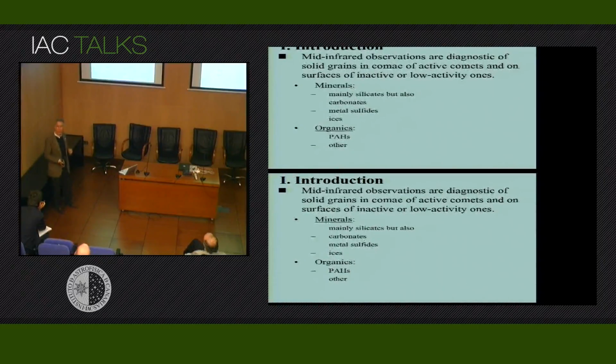But these observations tell us about the minerals in the comets, which include mainly silicates. The silicates dominate the composition of the minerals in the comets. But we have also detected carbonates, metal sulfides, and even water ice. And they also tell us about the organics. PAHs and other organic components have been proposed to explain some of the spectral structure.